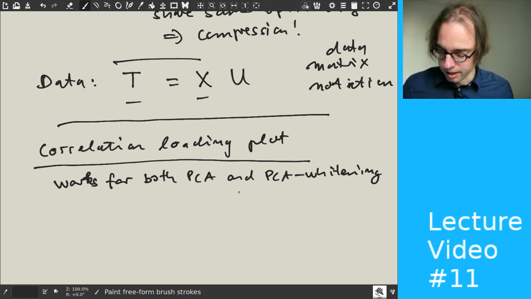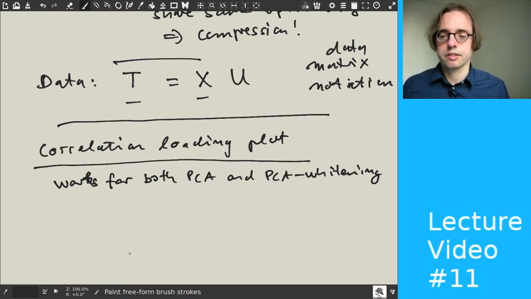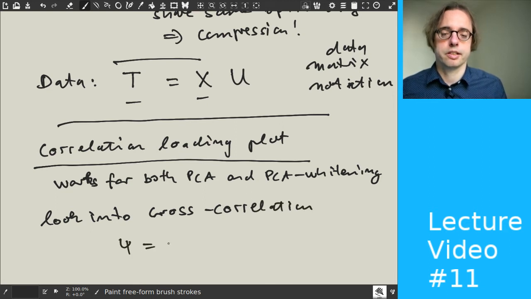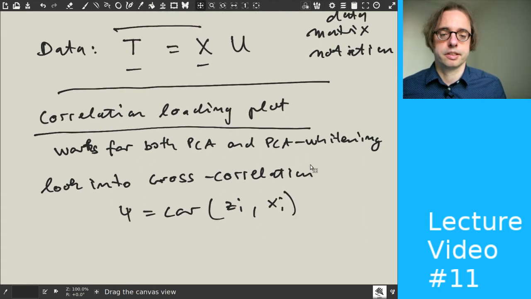So the key thing is we look into the cross-correlations. So psi, if we recall, is the correlation between each zi and the xi. So that's our correlation matrix.